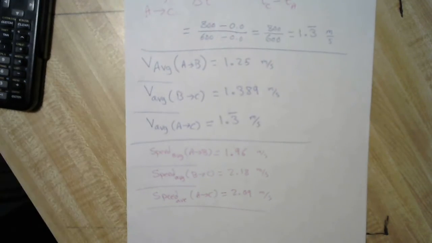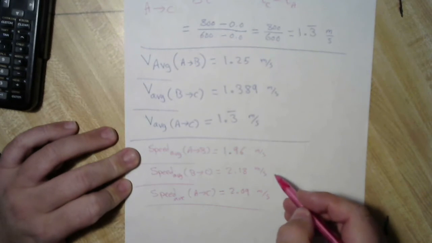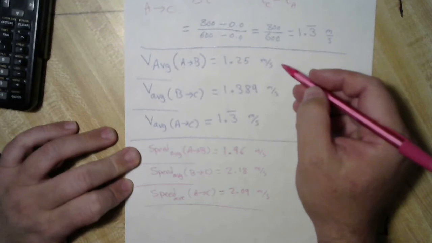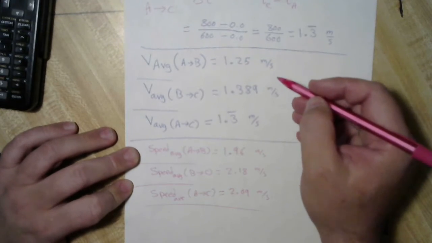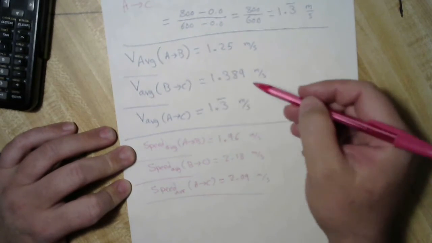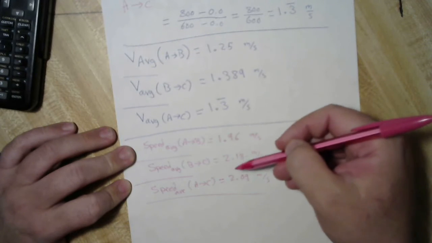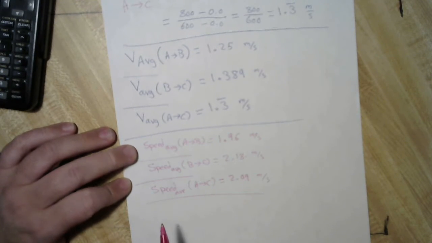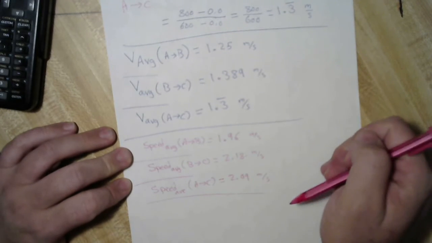We can see now that the speed of the running boy is more than the velocity for the walking girl. In each track from A to B, from B to C, and from A directly to C, you can compute these values.